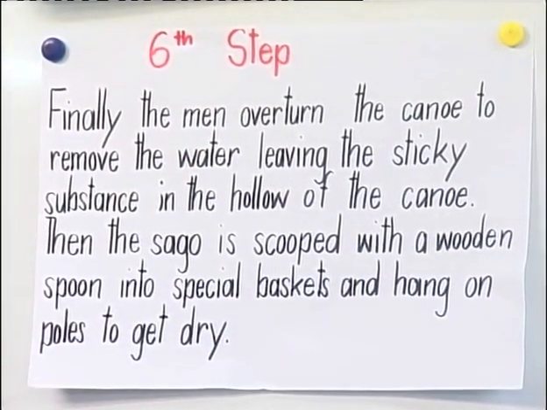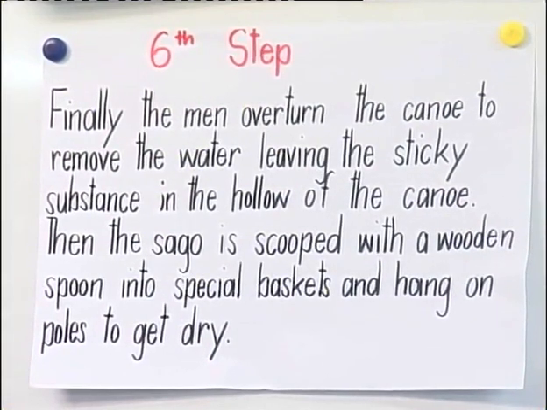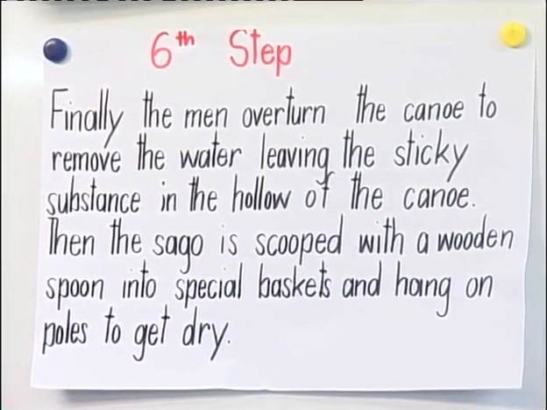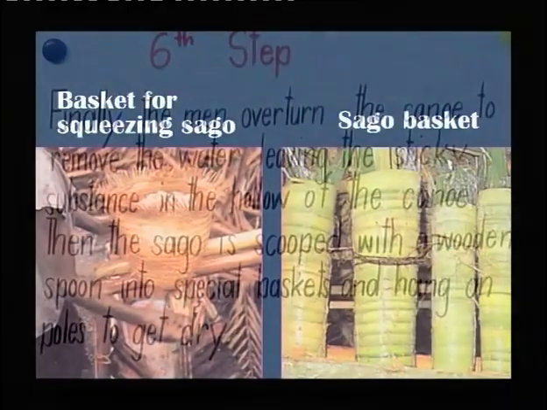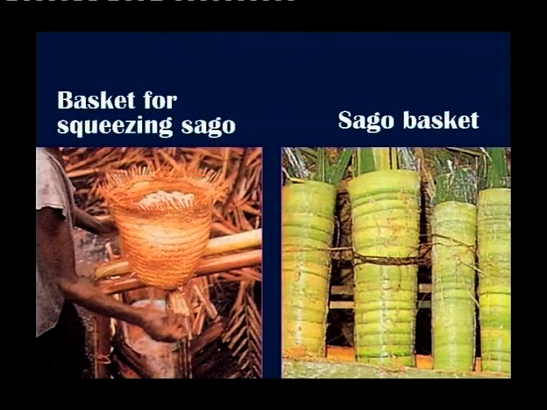This sticky substance is then scooped using a wooden spoon into special baskets, like the one you can see on the screen, which is very wet and sticky. As it gets down to the bottom of the special basket, the side of the basket absorbs the stickiness of the sago.